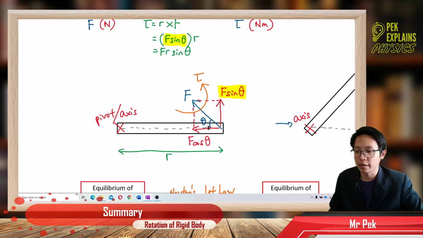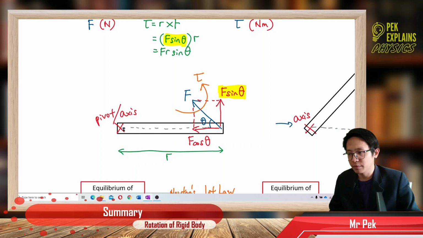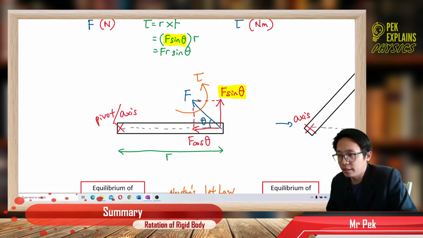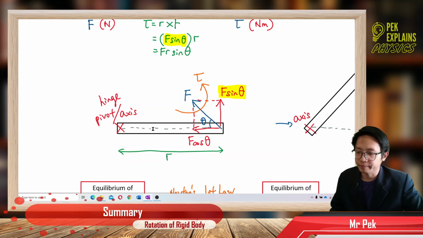That means the entire rod will move except this point, the pivot. Sometimes we call it the hinge. So this point will not move.